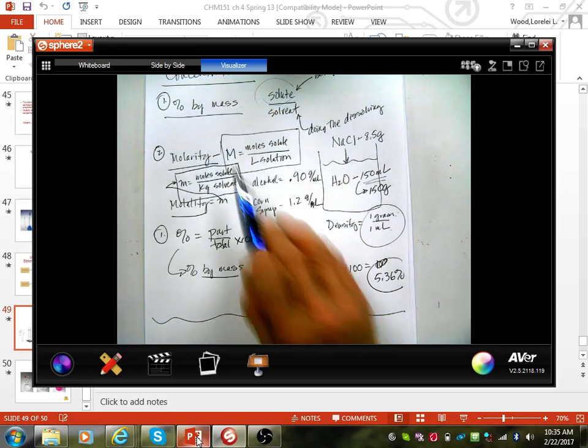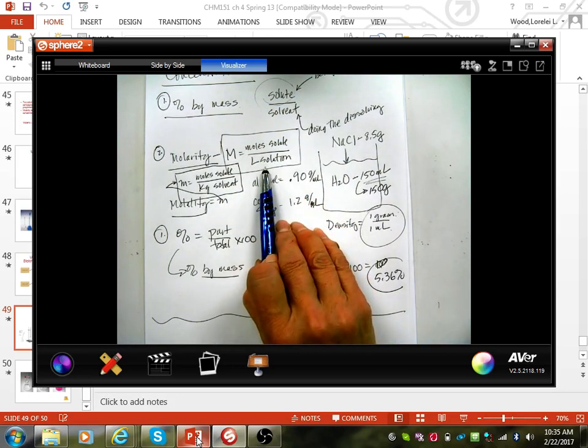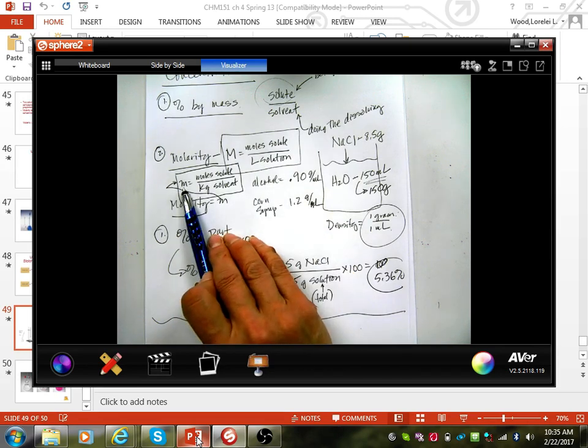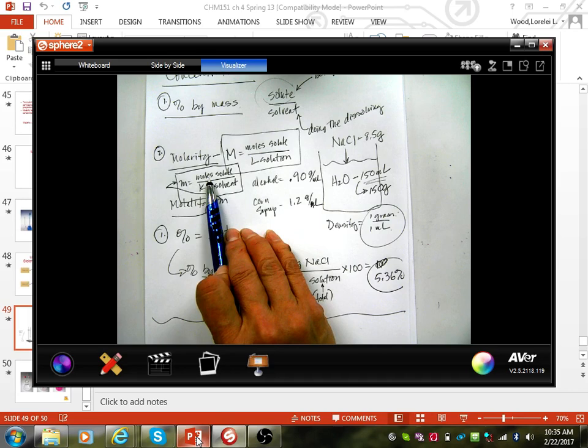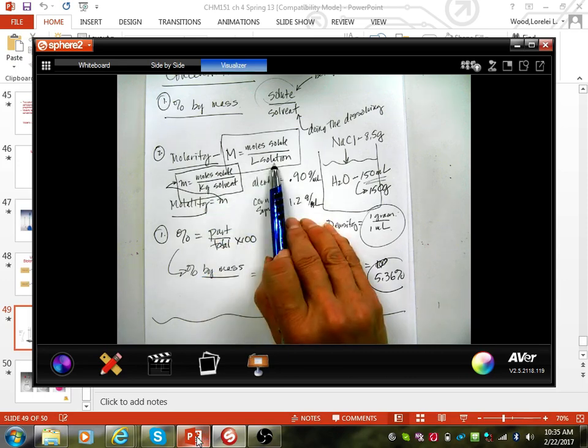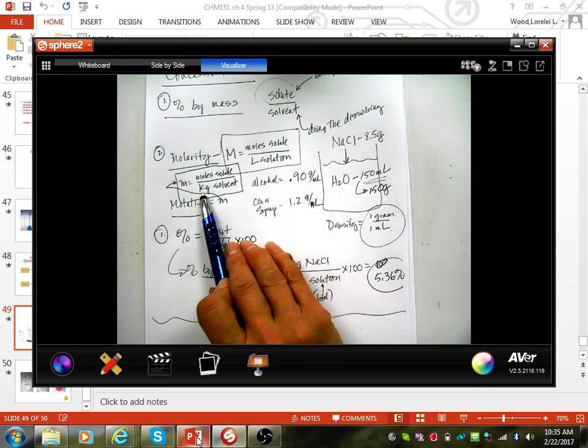Molarity units are moles per liter, moles of solute divided by liters of solution. Molality is still moles of solute on the top, because chemists like to describe solution concentration in terms of number of pieces. But now, rather than the volume of the entire solution, we're only concerned with the kilograms of the solvent.